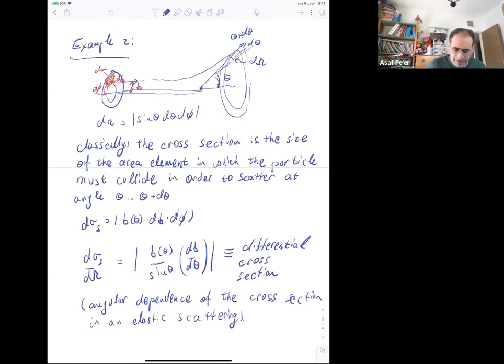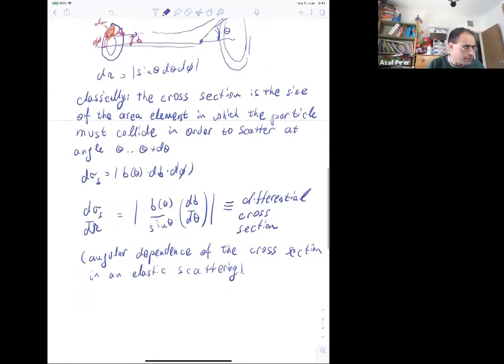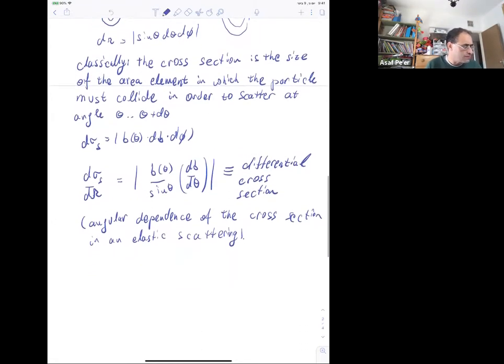So this is not just for elastic scattering, of course. We can ask various questions. For example, if we have an inelastic scattering, it is not limited to elastic scattering.